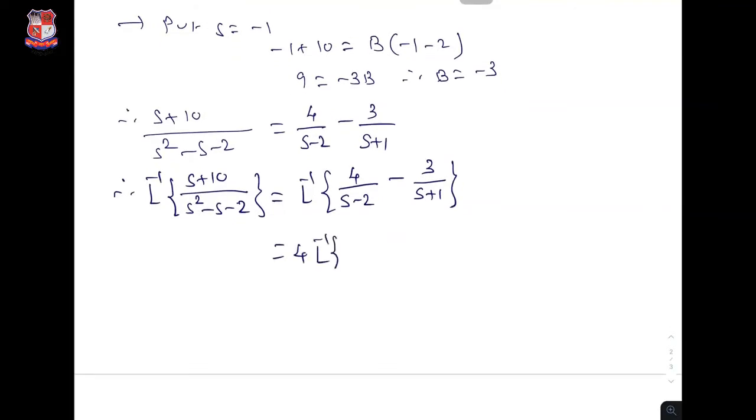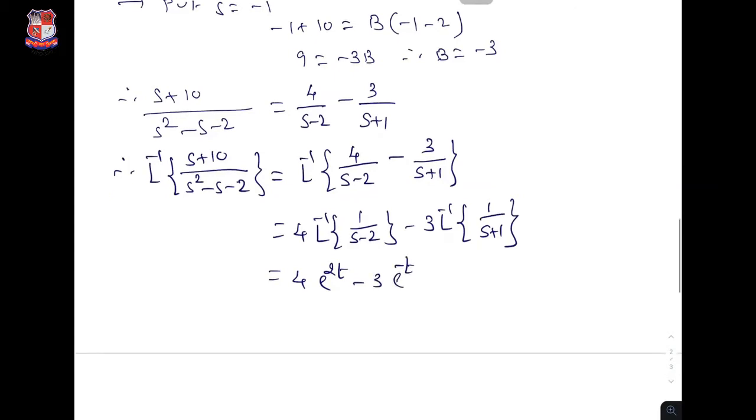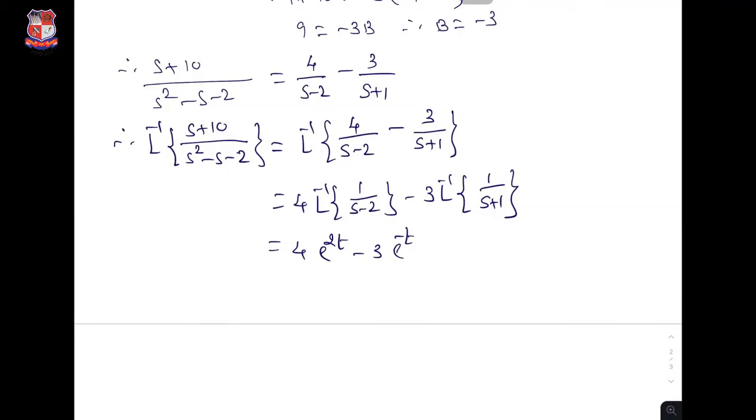So this is 4 inverse Laplace transform of 1 over s minus 2 minus 3 inverse Laplace transform of 1 over s plus 1. So it is 4 e power 2t minus 3 e power minus t. So this is the easy way if you use the partial fraction method.